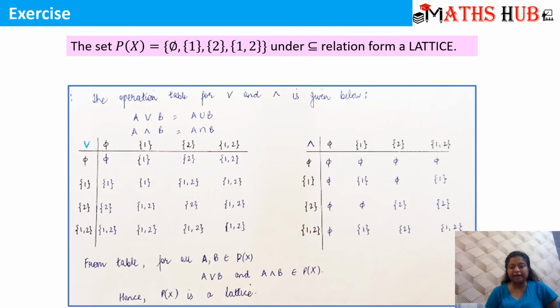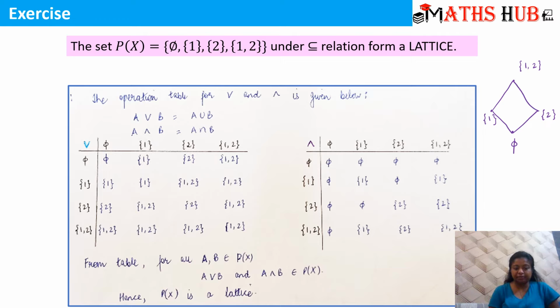And if I draw the Hasse diagram, it looks like this. Phi is here. 1 and 2 are at the same level. You can try the Hasse diagram on your own. So you can join them. And finally, we have 1, 2 over here, right? So let's join this. And this completes your Hasse diagram, right?